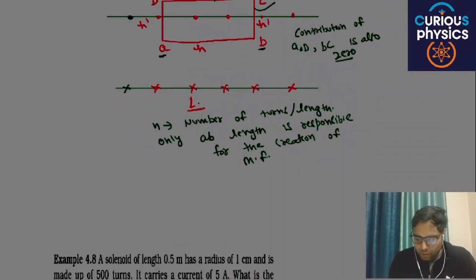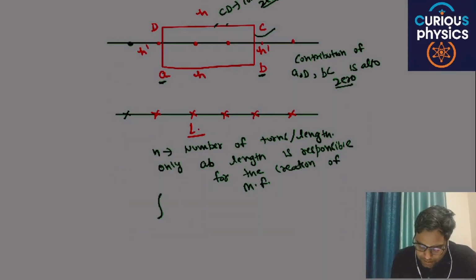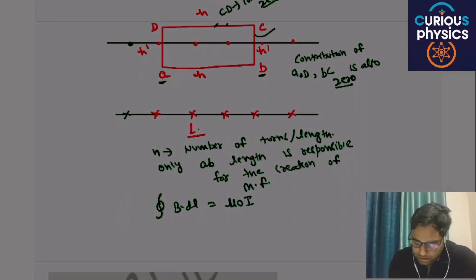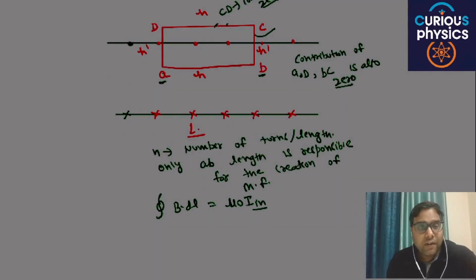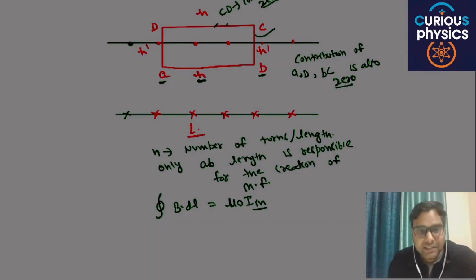So what we have to do is apply Ampere's circuital law now. The integral of B·dl is equal to mu naught I in, and what will be the value of I in? Current I is passing through one wire, or you can say one turn, and here the length is h.